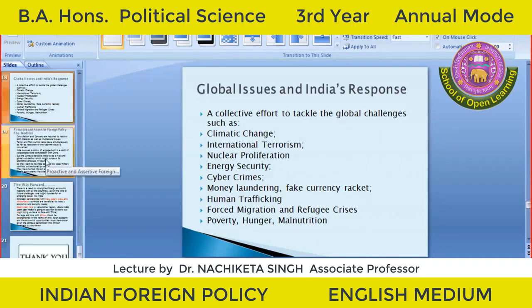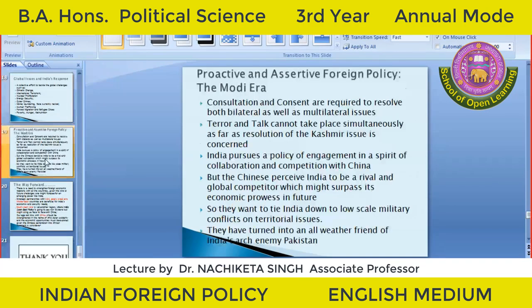So now we have to come back to discuss the present era, in which we have a strong national government at the center in India, which believes in consultation and consent to resolve bilateral as well as multilateral issues.